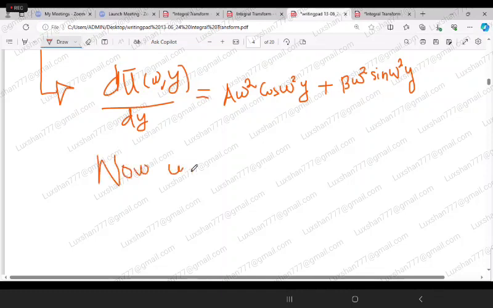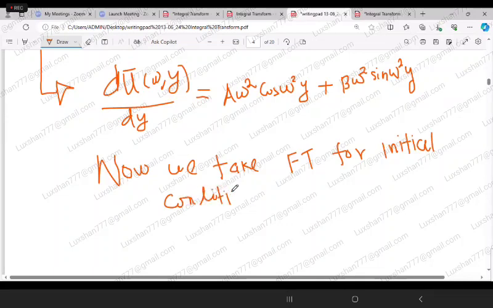Now we take the Fourier transform for the initial conditions.